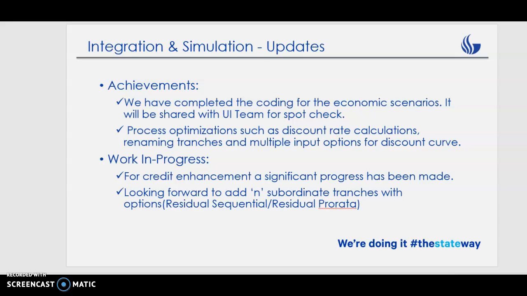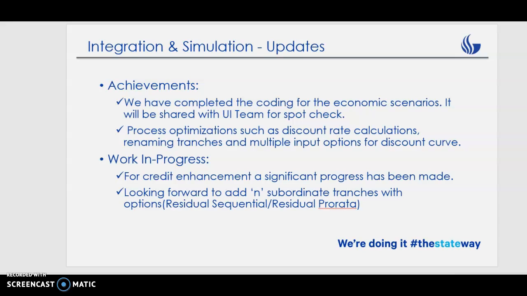So for this week we have credit enhancement. We are still working on that, and significant progress has been made on credit enhancement. The second thing is adding n number of subordinate tranches. Right now, how our code works is it just facilitates one subordinate tranche, which gets the residual sum of money.